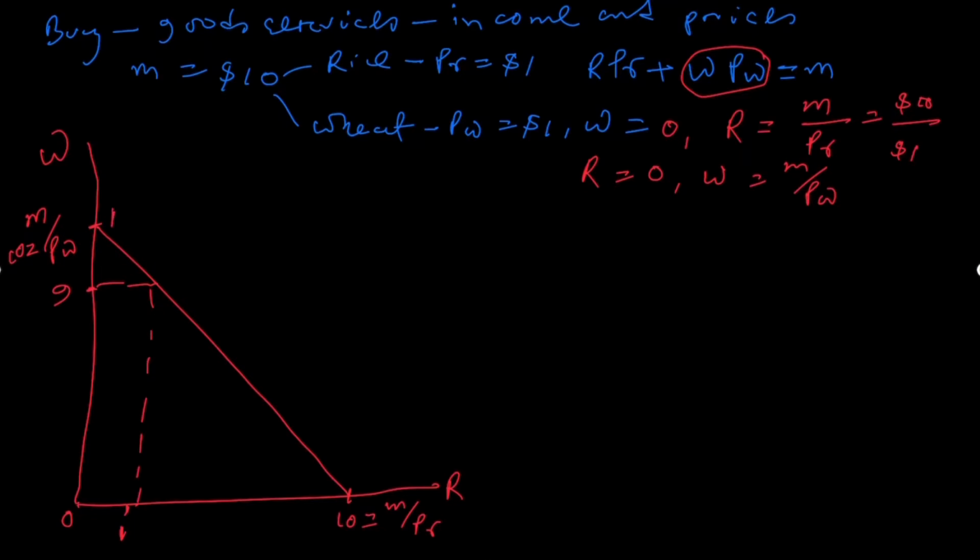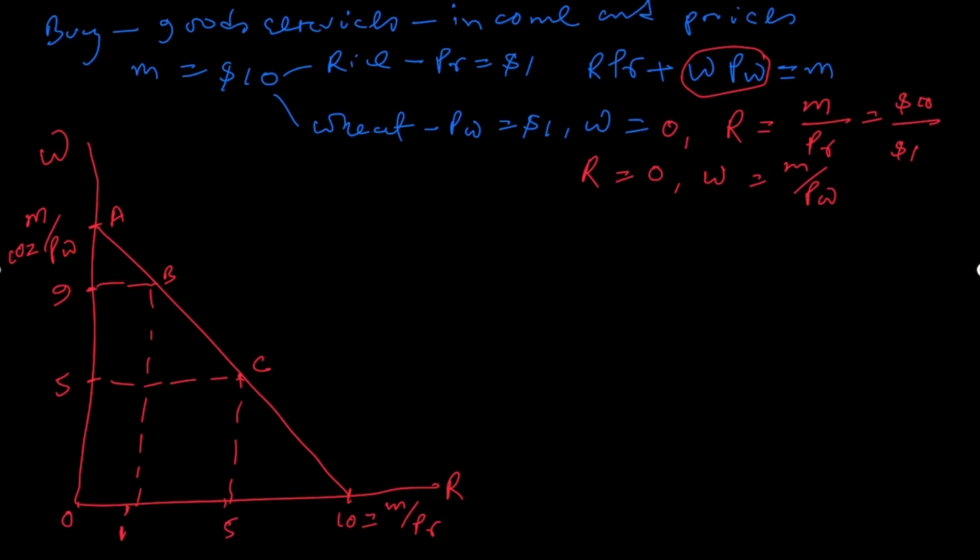This is combination A, this is combination B, and similarly we can find another combination like 5 LB of wheat and 5 LB of rice, maybe combination C. So the budget line shows all the different combinations of wheat and rice that the market will provide me, given income and the prices of wheat and rice.